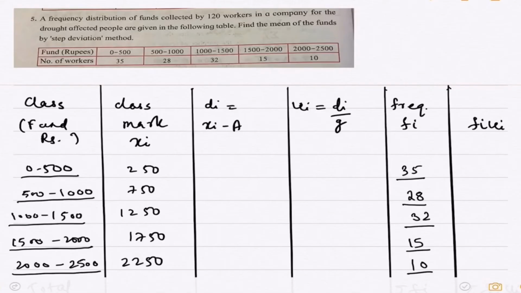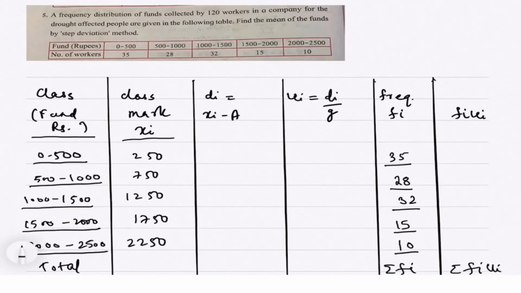Here we make in all 6 columns. First column as usual is for classes. Second column for class mark, which we know is lower limit plus upper limit by 2 for the classes. Third column is for xi minus a, where a again is assumed mean, that we will see now how much it is.